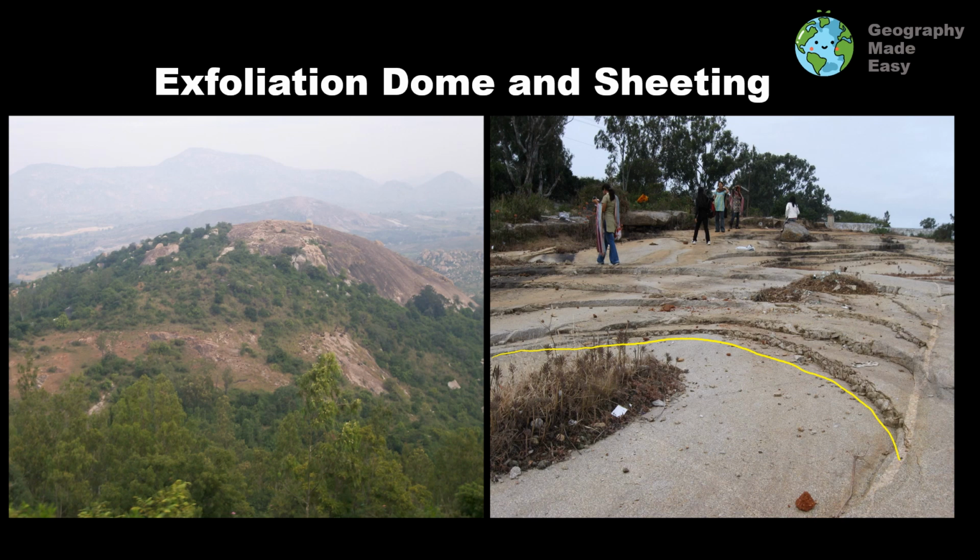So this particular layer once covered the entire area, but this part here has got completely eroded away, and now only the rind is left. Now in this portion we have another rind. So layer by layer the rock surface is getting exposed. So this is a phenomenon known as sheeting. So by sheets it is getting exposed.